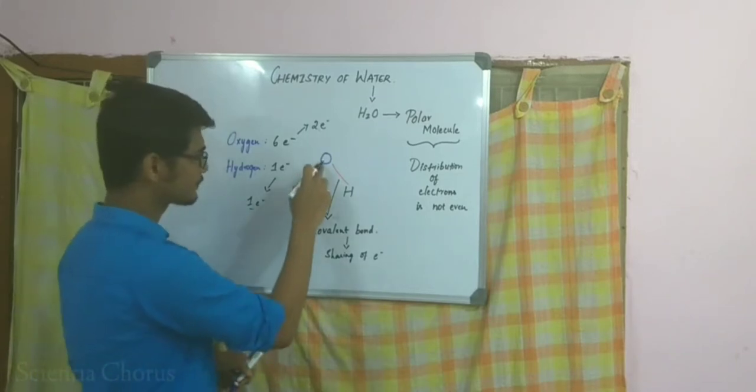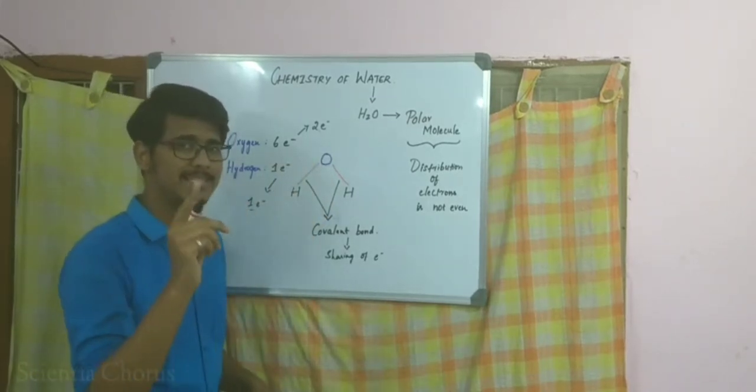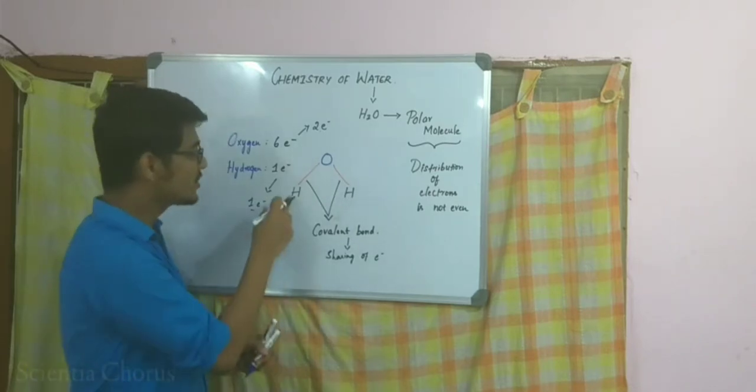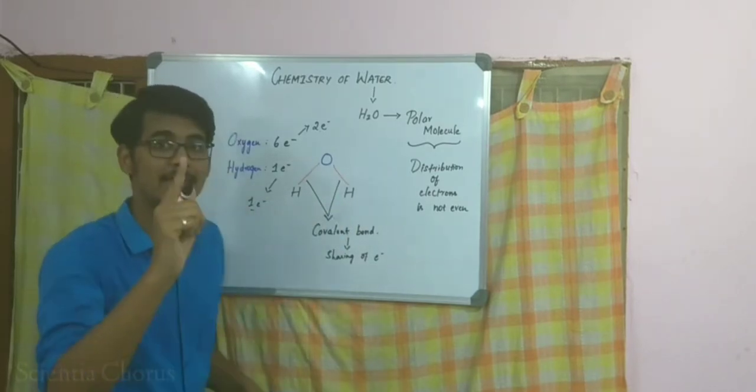So what is happening? This oxygen has 6 electrons and it needs 2 more electrons. So it shares with the hydrogen, which has 1 electron.